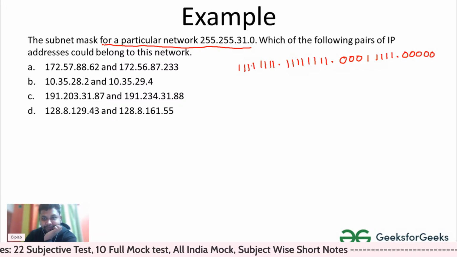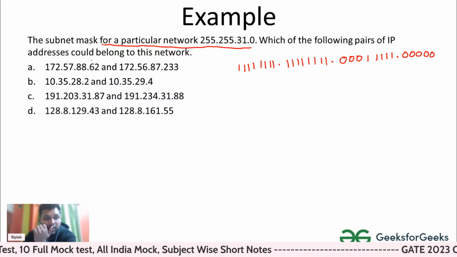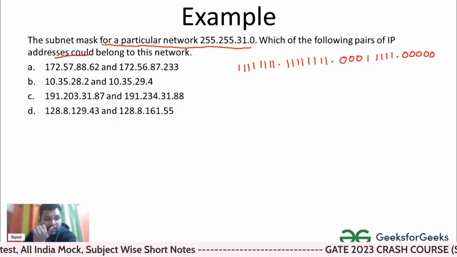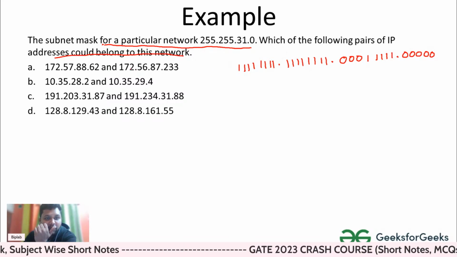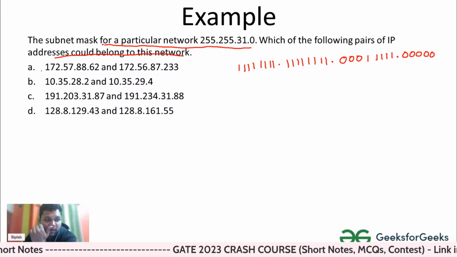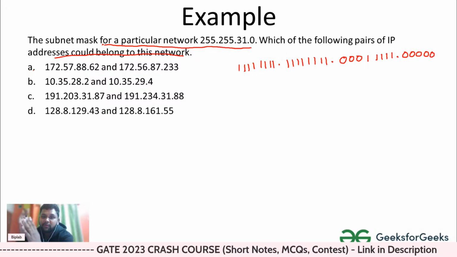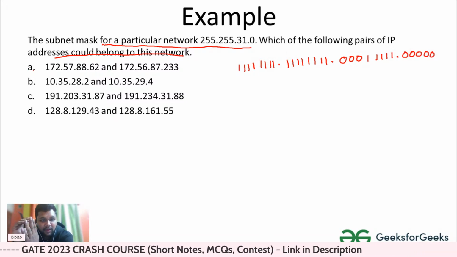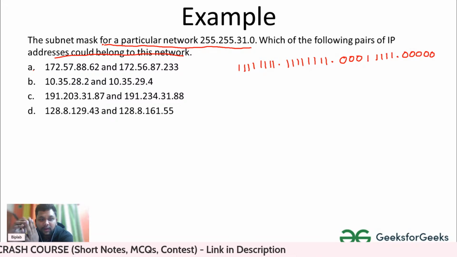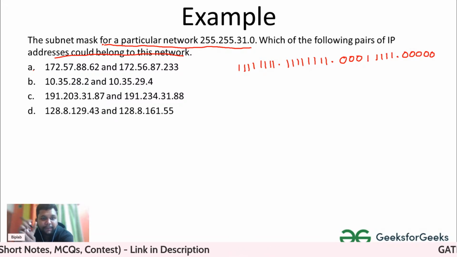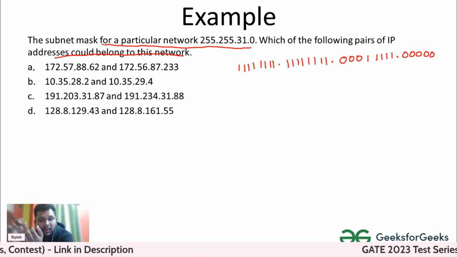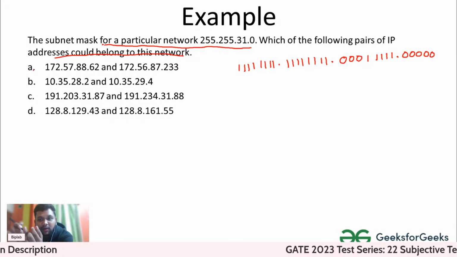Now which of the following addresses could belong to this network? So now the question is the same. You have to find the network ID and you have to find which pair of IP addresses belongs to the same network, belongs to this network.